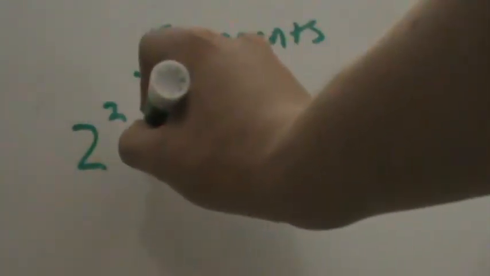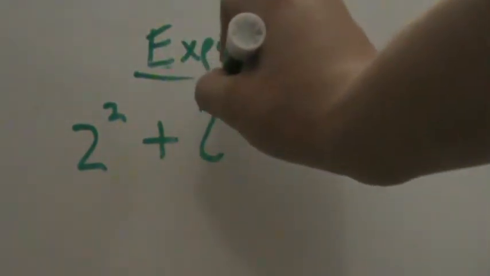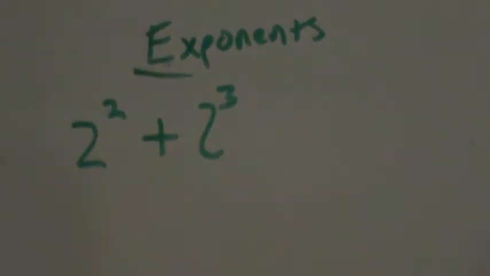So now let's talk about some operation rules of exponents. Let's say that you have two different numbers, so 2 to the 2nd plus 2 to the 3rd, let's say.